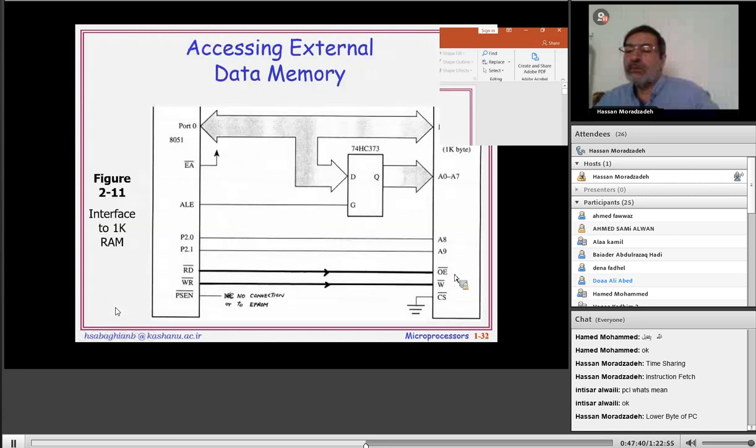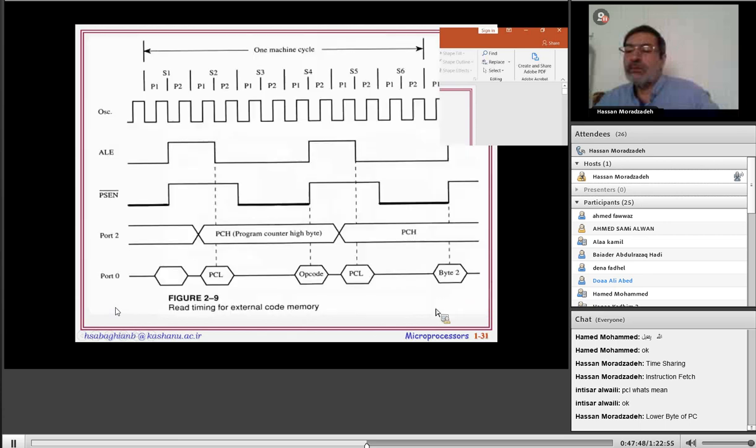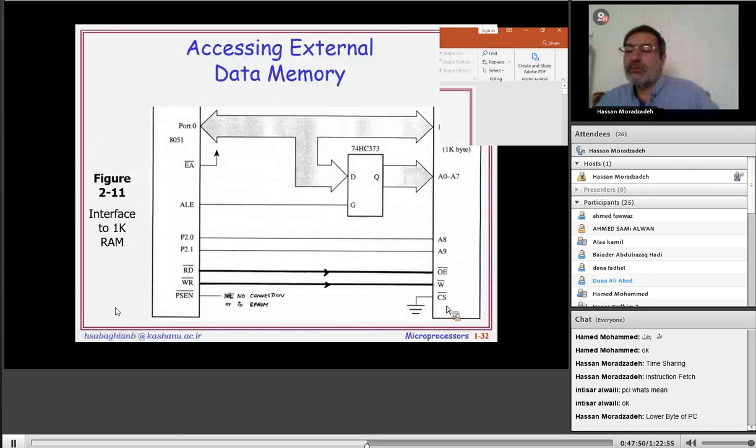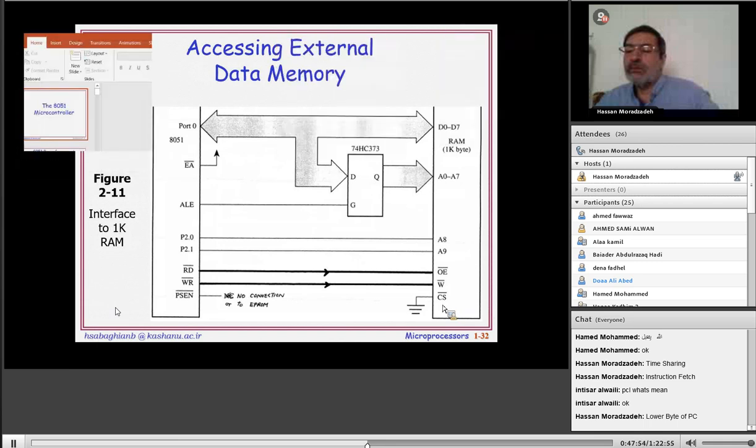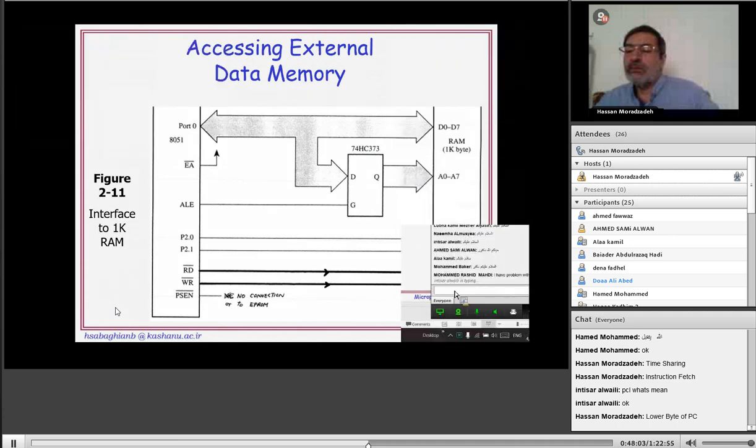Read bar and write bar are used instead of program store enable. We don't see any program store enable here; it is not connected. For using RAM, we use these two pins, read bar and write bar. Read bar is connected to output enable of RAM, and write bar is connected to write bar of RAM.